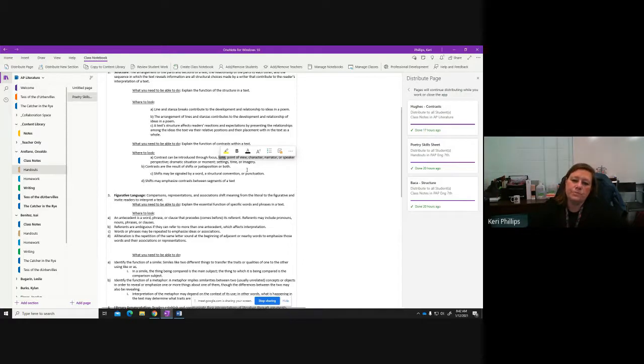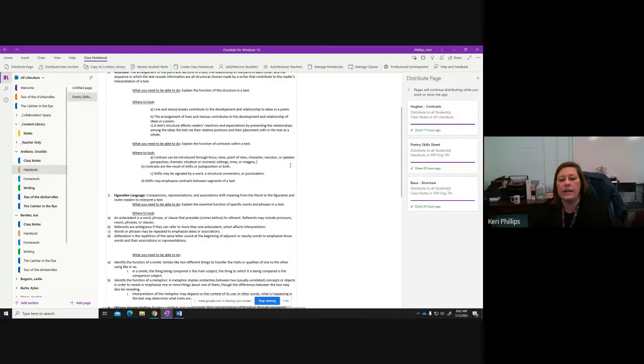So tone is another thing we could look for. Point of view is another way to notice contrast. Is the first stanza one narrator, and then the second stanza a second narrator, and are they having a conversation? So point of view can be used to demonstrate contrast.